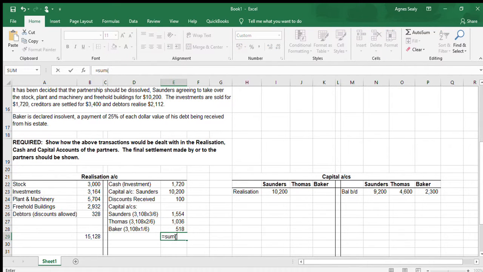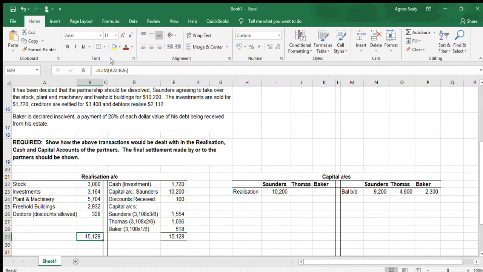So now our debit and credit side will equal each other. So Saunders' capital account will be debited for $1,554. Thomas will be debited for $1,036, and Baker for $518.